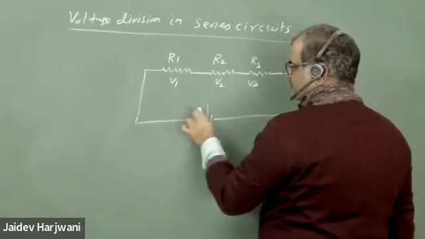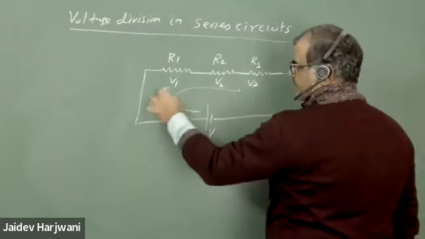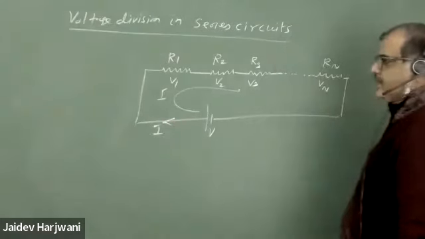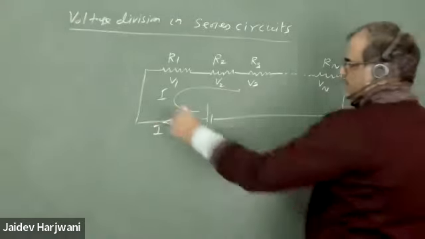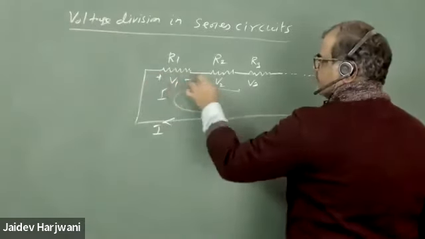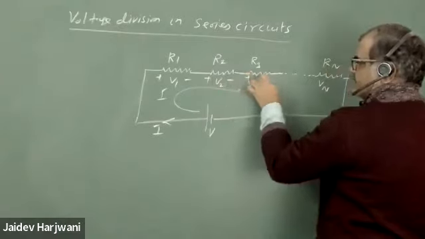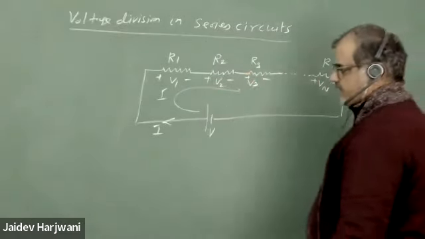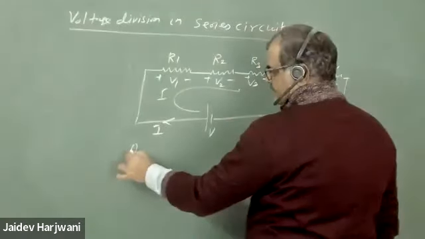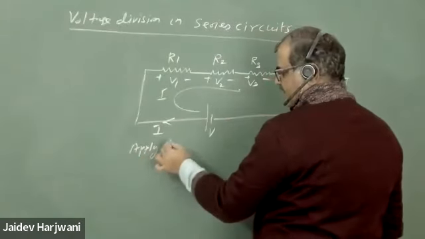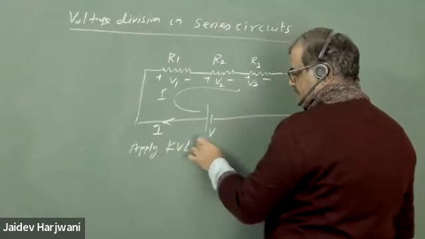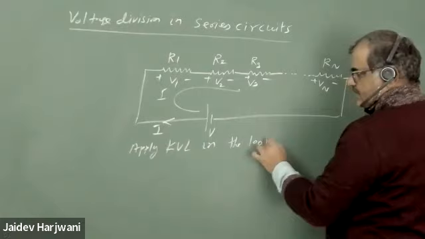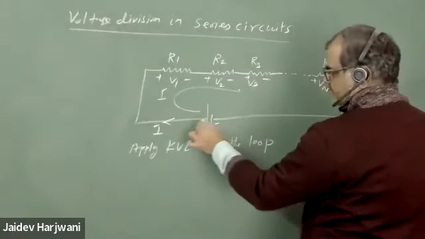So I am assuming the current I is flowing in the circuit. This battery is giving I current to this circuit. Now I'm moving in the current direction, so these will always be voltage drops. Now if I apply KVL in the loop, what can I write?